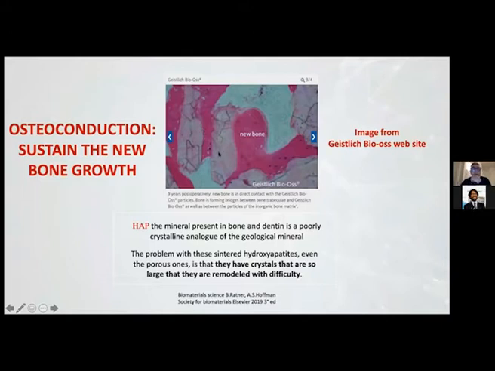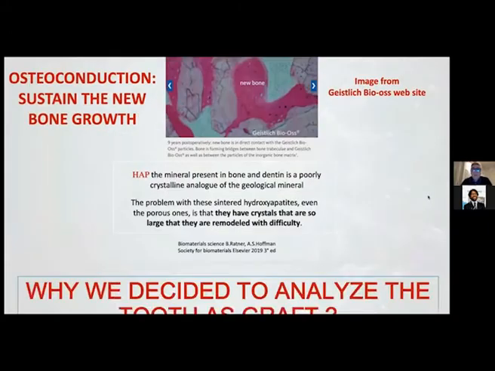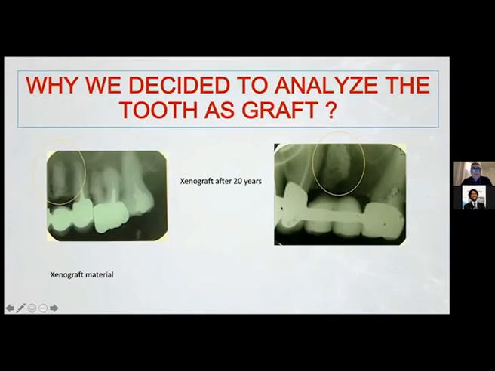But they are still inside the regeneration. So the problem with this hydroxyapatite is that the crystals are too large. It's impossible for them to be remodeled or reabsorbed by the bone. What happens after 20 years?